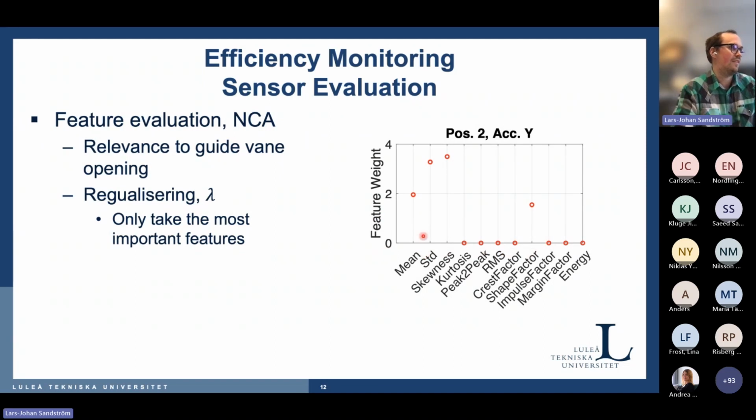We can see that the mean value, standard deviation, and also skewness and crest factor seem important for this accelerometer. Then we do some regularization, and with that we mean that we try to keep only the most important features in the model, so we take as few features as possible.